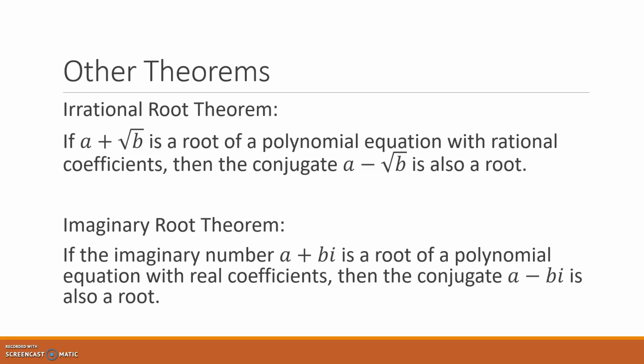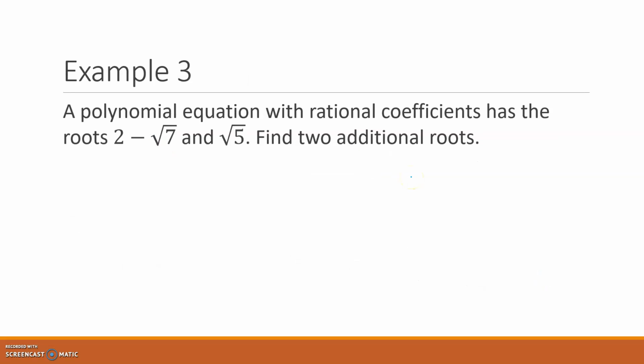So these are the theorems that I think make a little bit more sense. They're more intuitive maybe. What this says is that if we have an irrational root or a complex number, like a plus a radical or a plus a number with i, we also have the conjugate, which just means that only the middle sign is going to change. So if I have a plus radical b, I also have a minus radical b.